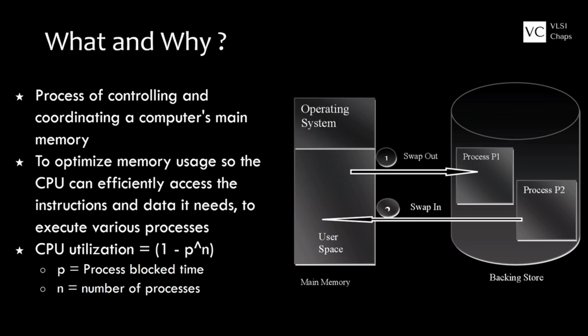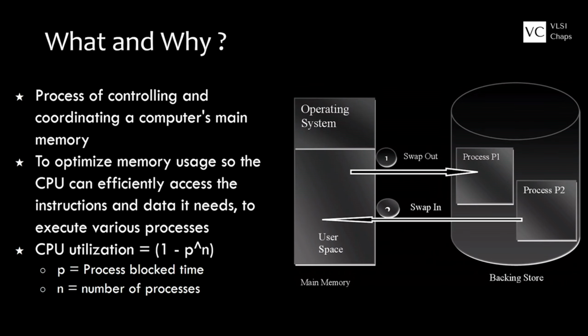To optimize memory usage of the operating system, the processes as well as the rest of the programs, the CPU should be able to allocate the block of memory whenever and in whichever form it's required to all three entities, so that they can execute their operations efficiently, CPU utilization becomes less and the execution becomes faster. So this is why the main job of memory management is required.